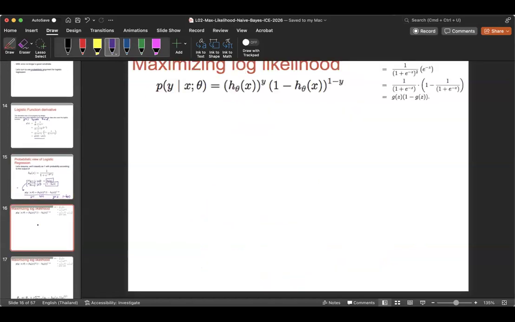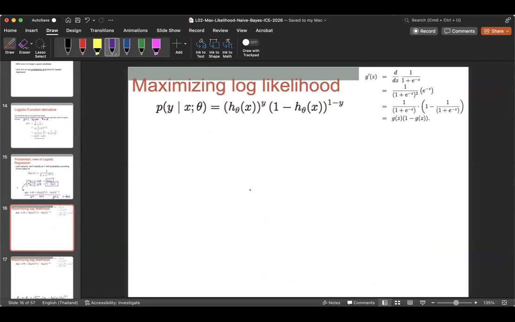Now that we have this form, let's try to maximize this probability distribution. This is only one data point.